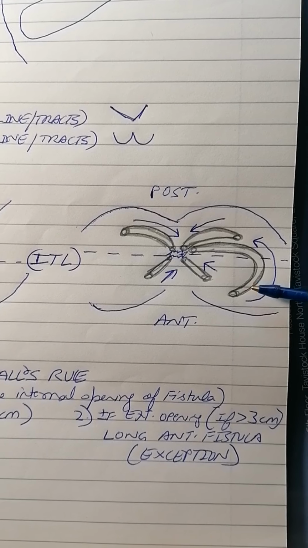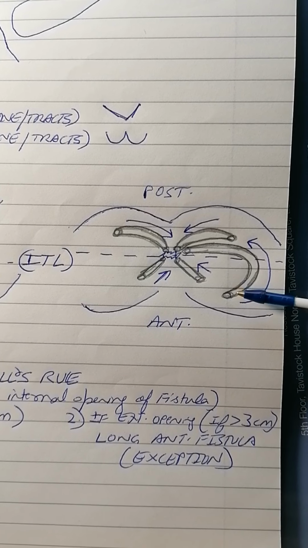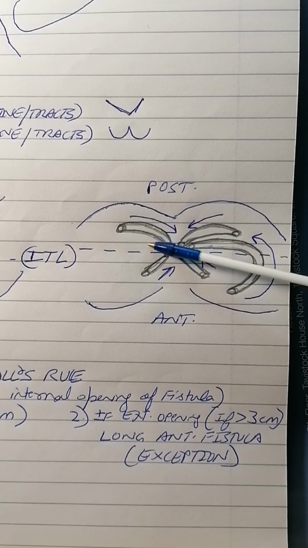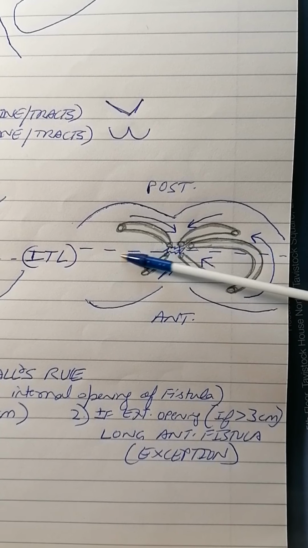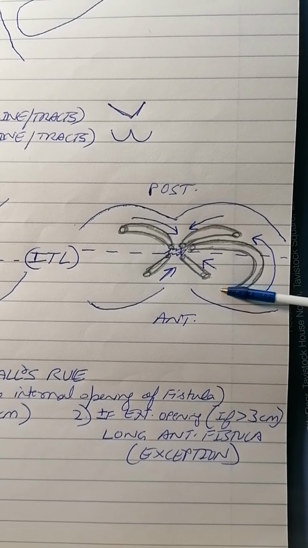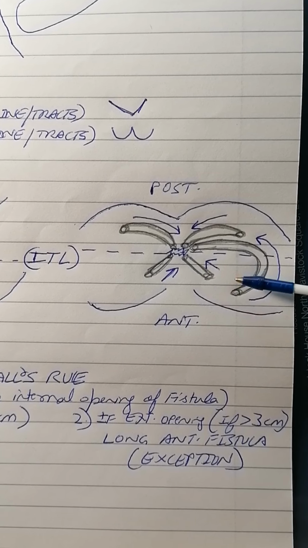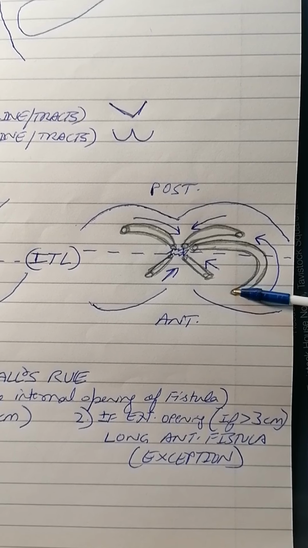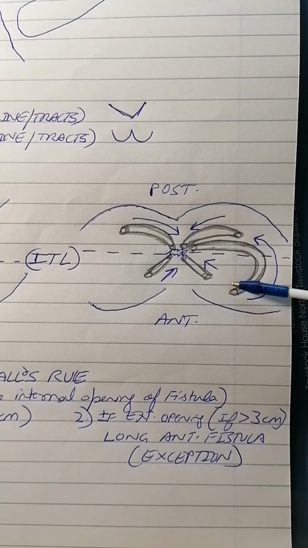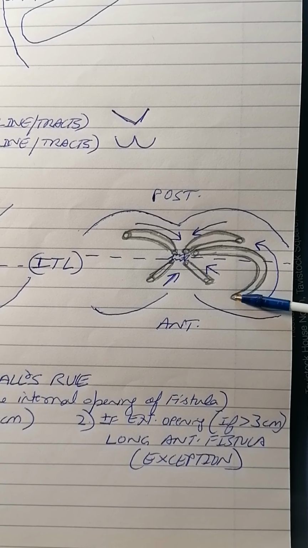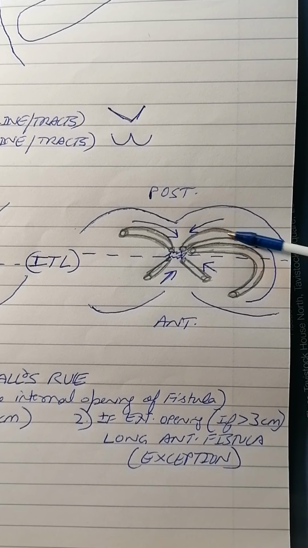Why is this an exception? Because, as I already mentioned, if the external opening is in the anterior region, anterior to the sphincter line, then those are normally straight. But in this case, even though the external opening is anterior to the sphincter line, it takes a curve.